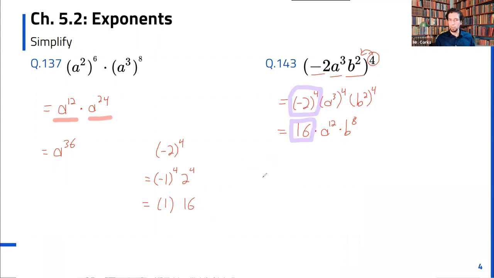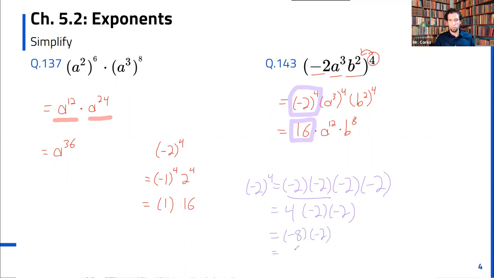It's an exponent, so -2 to the exponent 4 is equal to -2 times -2 times -2 times -2. -2 times -2 is 4, times -2 is -8, times -2, the last one, is 16.